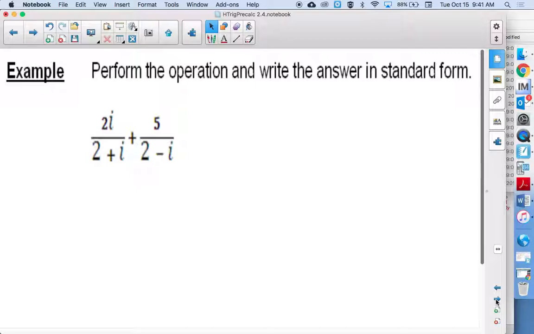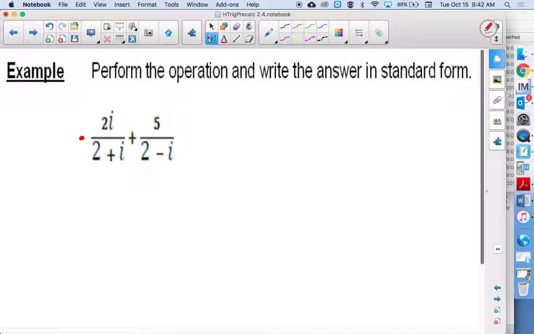fairly involved problem, and that's the one that wants you to perform the operation, which is addition, and then it says write the answer in standard form. So we have 2 fractions that we're adding, complex numbers in the denominator. What do you think you do first? Oh crap. Did we just skip multiply with the conjugate? Yes, we skipped letter C, sorry. So we're going to multiply with the conjugate.